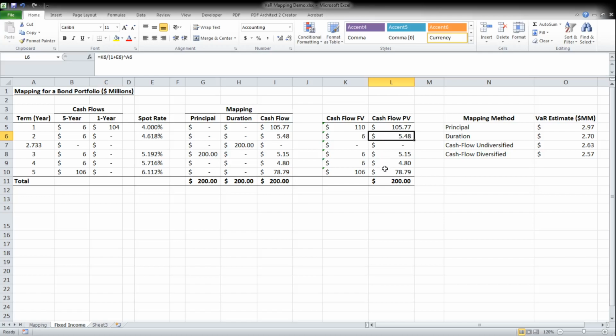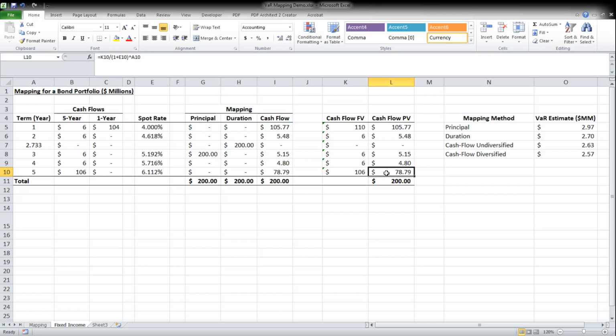We do that for every year, so you'll see that at the end of year five, our cash flow is 106 million, discounted by 5 years using the 6.112% spot rate to arrive at the $78.79 million, which is the present value of that particular cash flow.